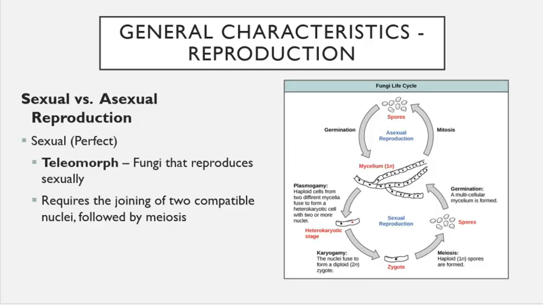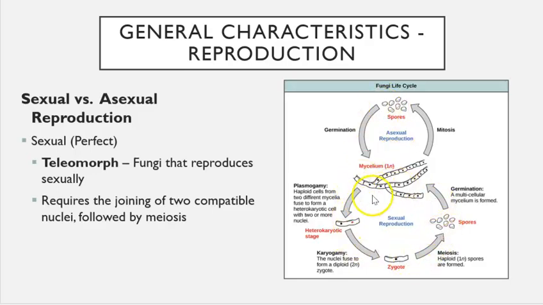Now we need to talk about the difference between sexual and asexual reproduction for fungi. We're first going to discuss sexual, also known as perfect reproduction. Fungi that reproduce sexually are also known as teleomorphs. They require the joining of compatible nuclei followed by meiosis. If you look at our image over to the right hand side, this top portion is asexual reproduction, and we're not really focusing on that.